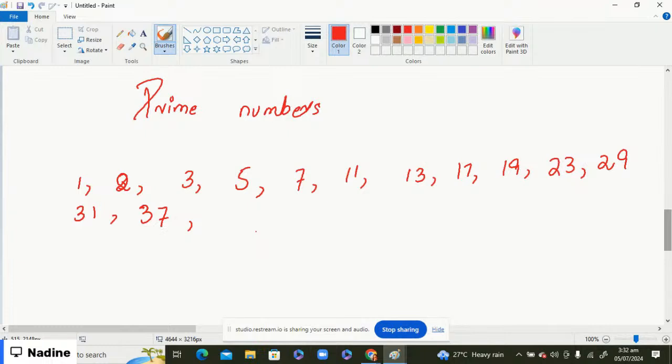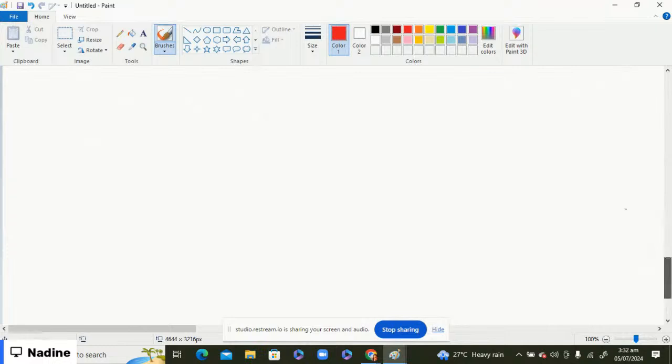Or you can say a whole number having at least three factors, that is, more than two factors. You need to memorize that for composite numbers.